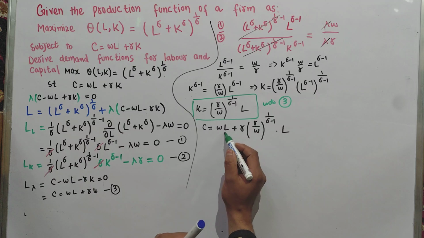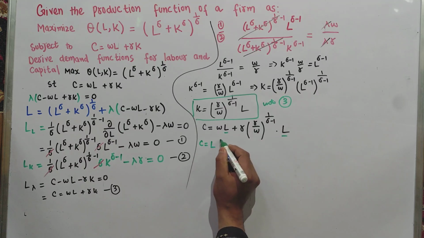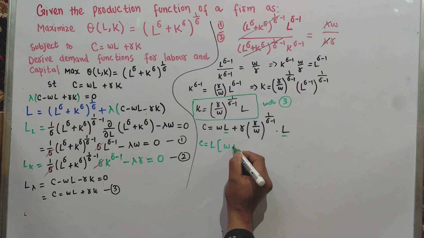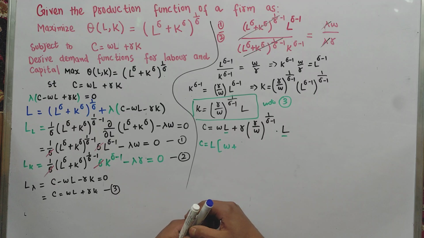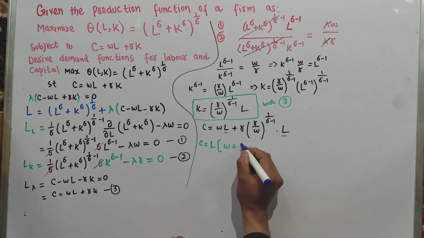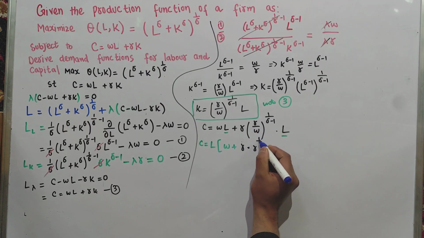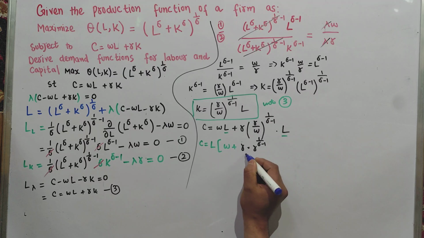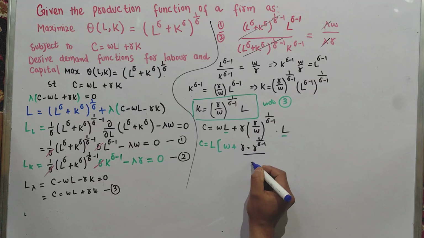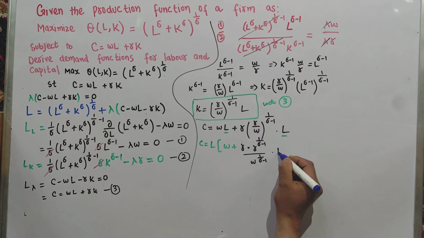Okay, let's take L common first. So we will get C is equal to L times, and here we are left with, W plus R times R raised to the power 1 divided by (delta minus 1), divided by W raised to the power 1 divided by (delta minus 1).